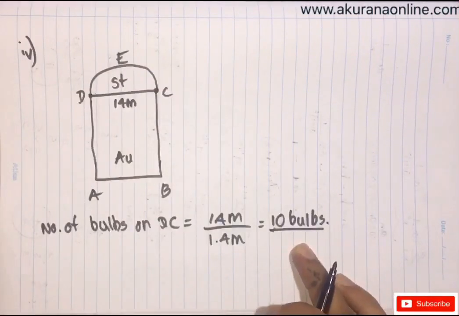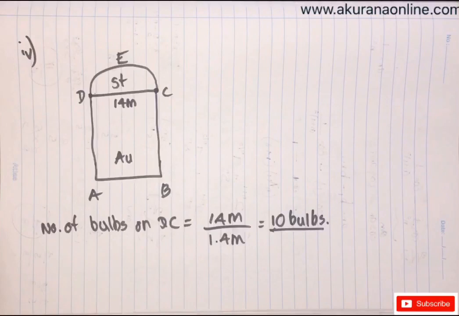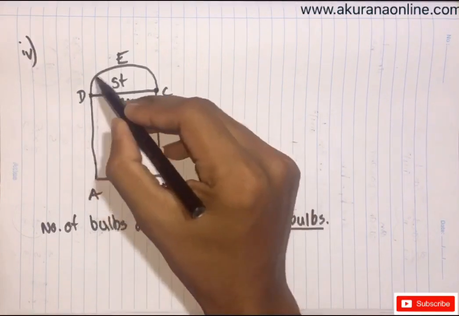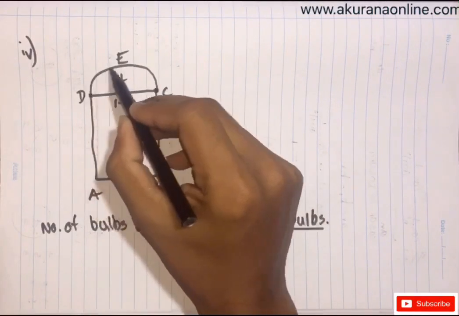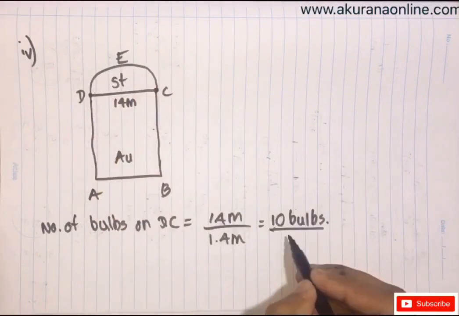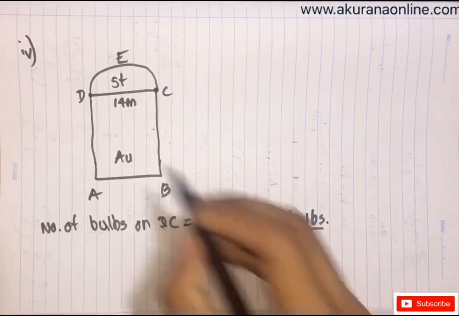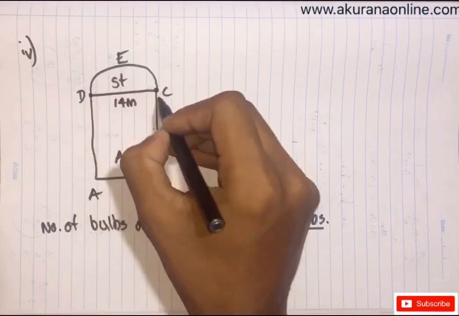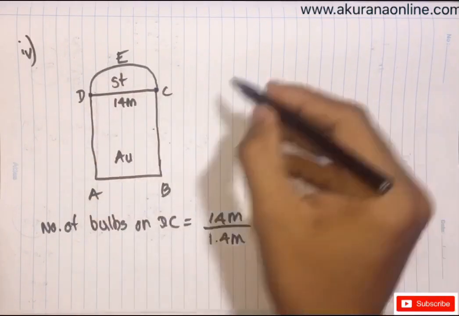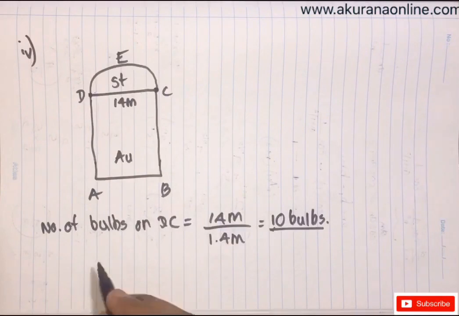Now they are asking you what is the length between each bulb. How do we find out? Since you know the total length, we have already found out the arc length. Also you know there should be 10 bulbs. Therefore you can divide the total length by 10. Okay, what was the total length we found out?